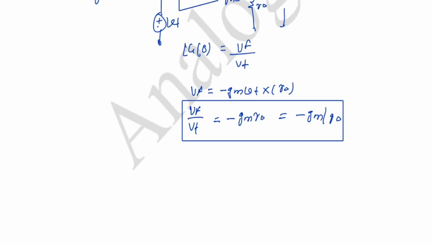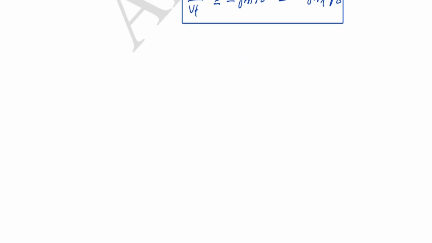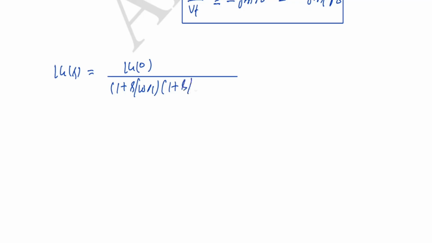Now the complete loop gain transfer function will be the loop gain for small frequency, and then 1 plus S by omega P1 and 1 plus S by omega P2.